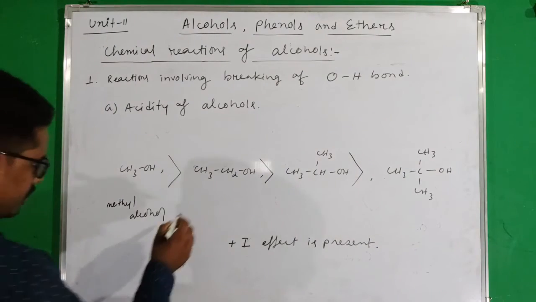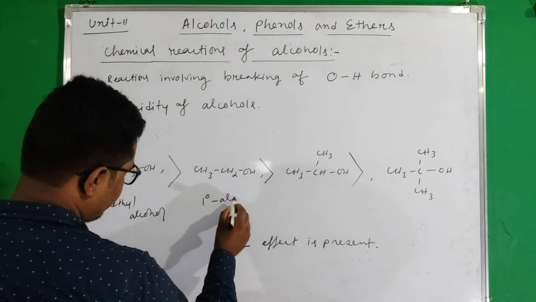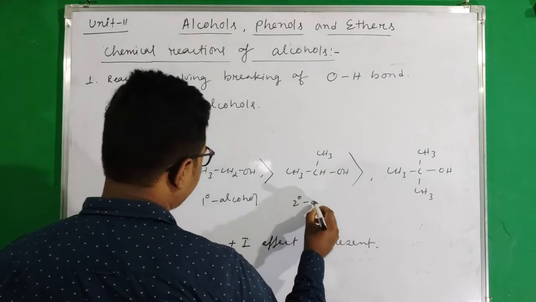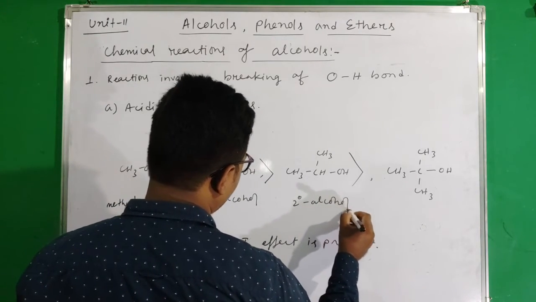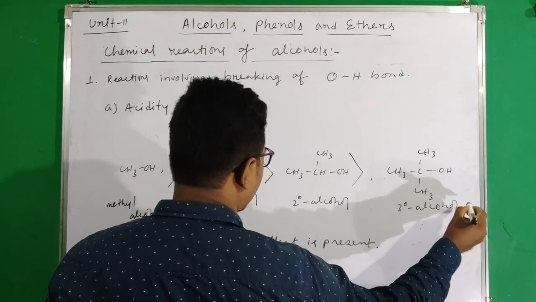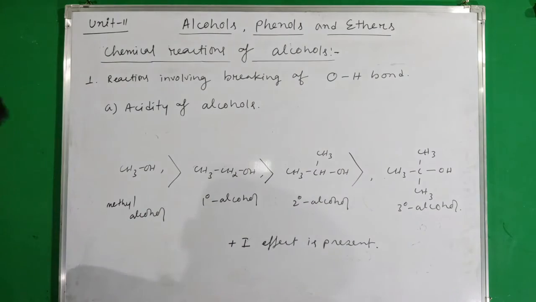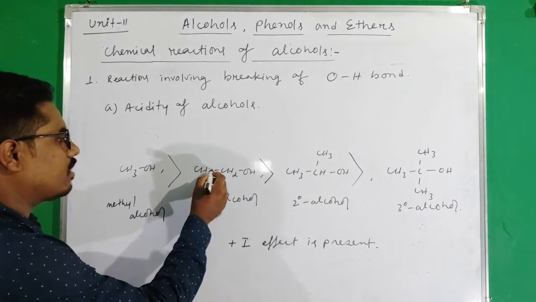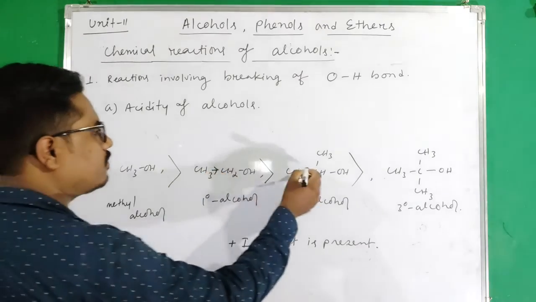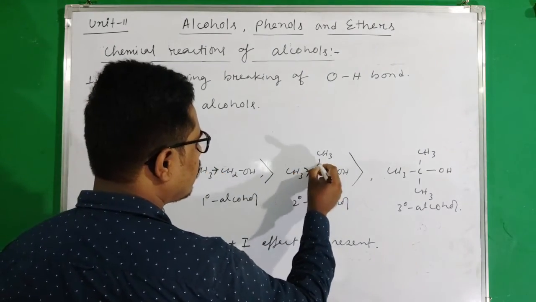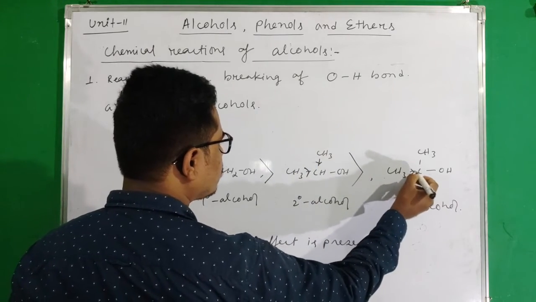Okay, and this one is primary alcohol, this one is secondary alcohol, and this one is tertiary alcohol. Okay, so due to the presence of plus I effect, the acidity decreases from primary to tertiary.